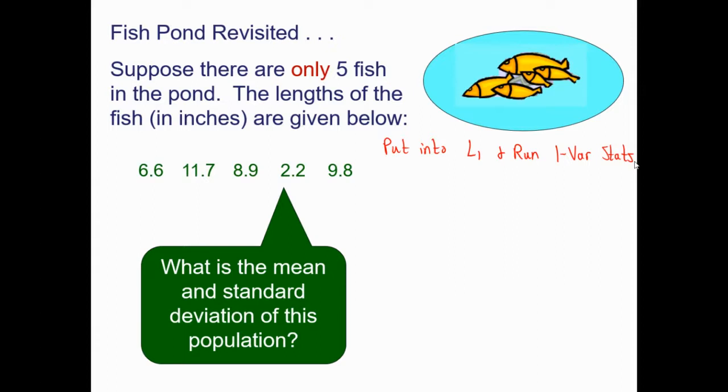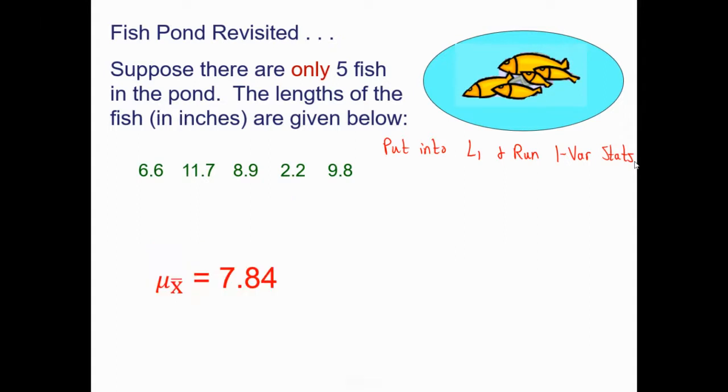Anyone need help on this? If you enter them in, what do you get for the mean? 7.84. Where it says, what is the mean, here is going to be X bar, or is it going to be mean?